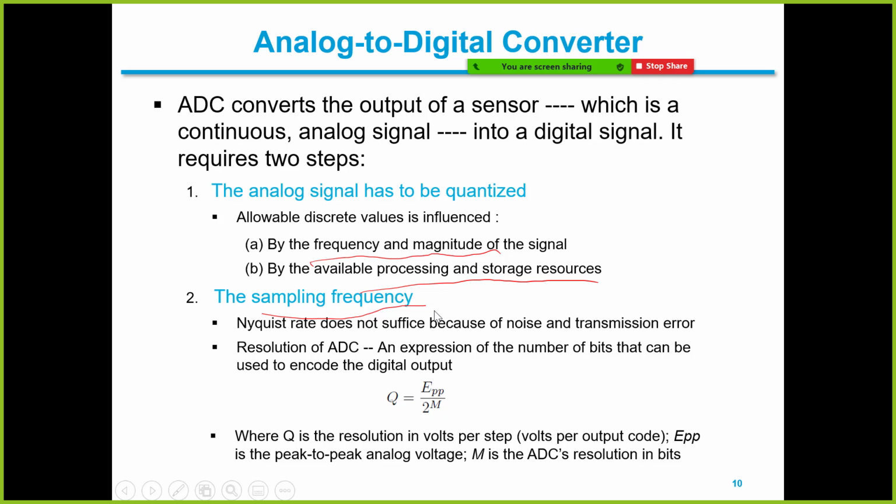The sampling frequency, sampling period. So usually we use the Nyquist rate as a base to measure the sampling frequency. But sometimes it doesn't suffice because of noise and transmission error, so maybe we need a frequency higher than this Nyquist rate.